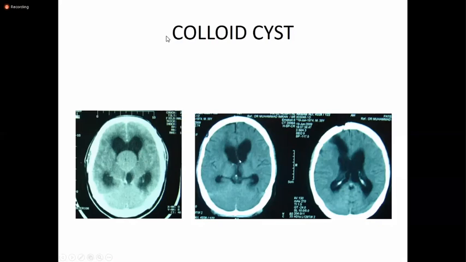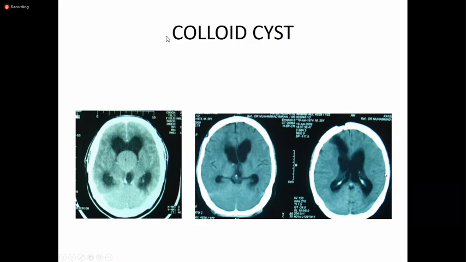So the ventricles have started to come down. The ventricles will come down slowly. It will not come down immediately. So slowly the scan is getting better. If you see over here, you cannot appreciate the sulci, whereas post-operatively, you can see the sulci over here. So the brain is getting relaxed.